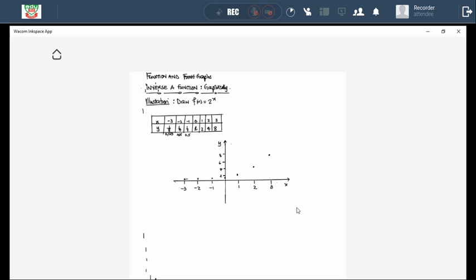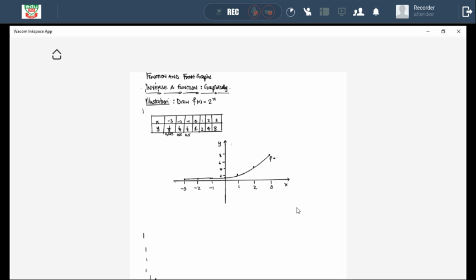That's your exponential function, which is increasing. This is the graph f equal to 2 to the power of x.